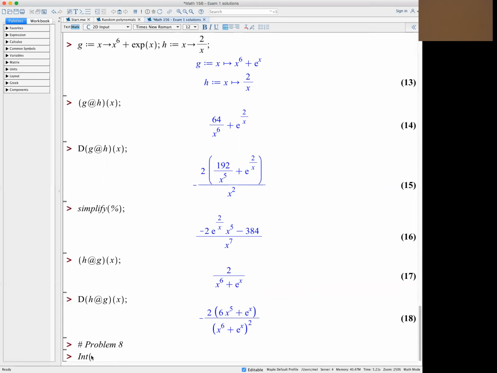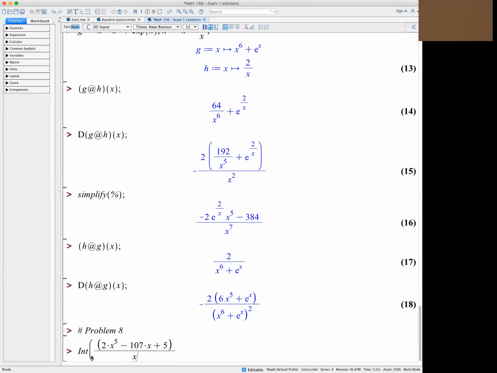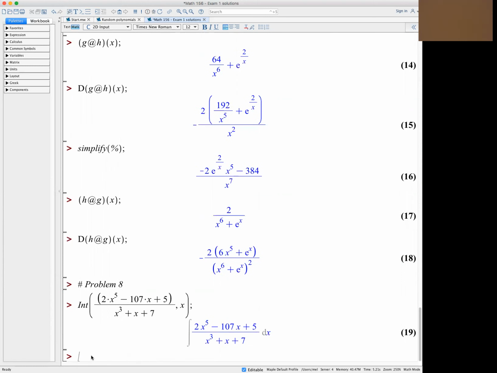Integrate. What are we integrating? 2 times x to the 5th minus 107 times x plus 5 divided by x cubed plus x plus 7. And we're integrating with respect to x. Well, that's the problem, not the answer.